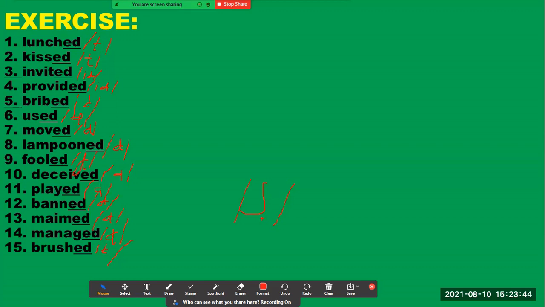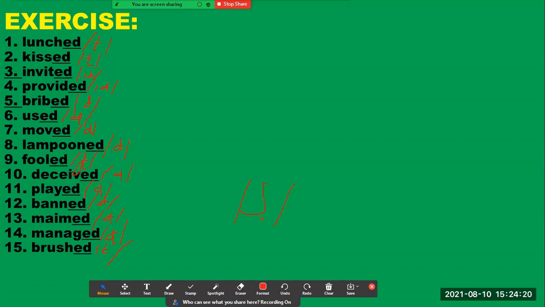As I earlier told you, when you place your two fingers on your throat, you'll be able to notice when a consonant is voiced and when it is voiceless. When it is voiceless, you do not notice any vibration. But when it is voiced, you notice some remarkable vibration there. And this is how you can test and know when a consonant is voiced or voiceless.